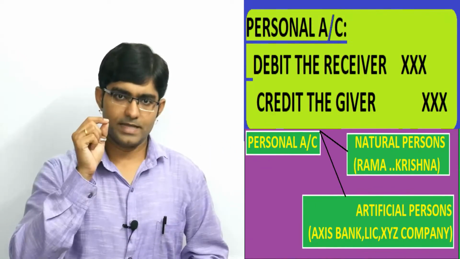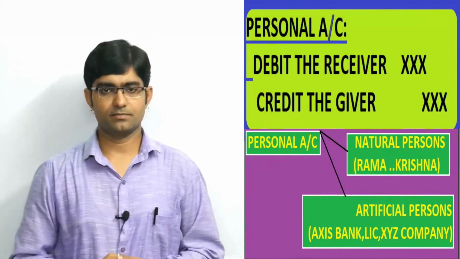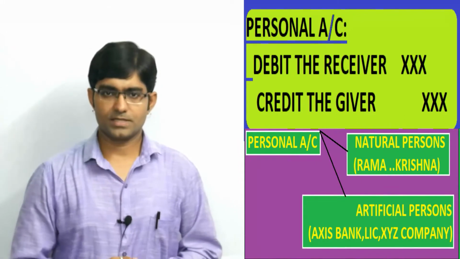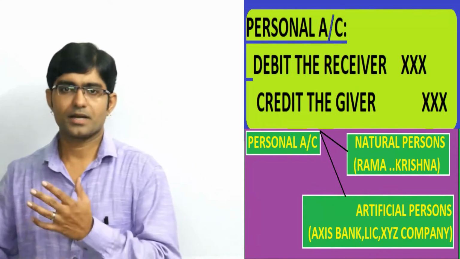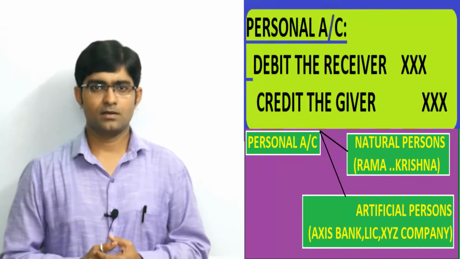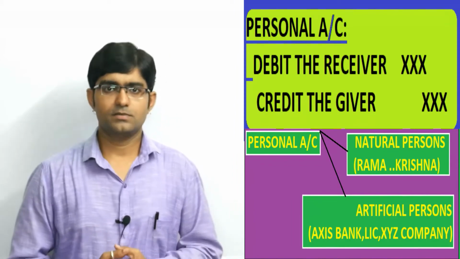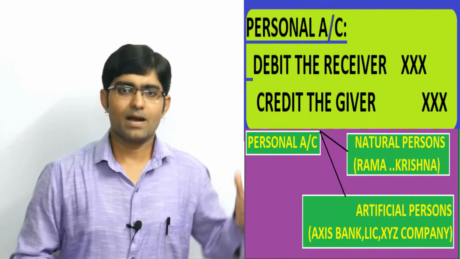Now, what items come under this category? Any person, that may be a natural person or an artificial person. What is a natural person? Nothing but Mr. X, Mr. Y, Rama, Krishna, etc. These are all natural persons. What is an artificial person? This is nothing but the names of institutions, firms, companies.